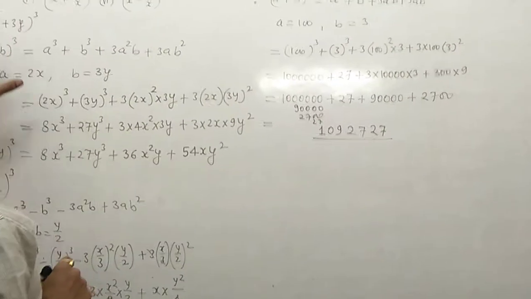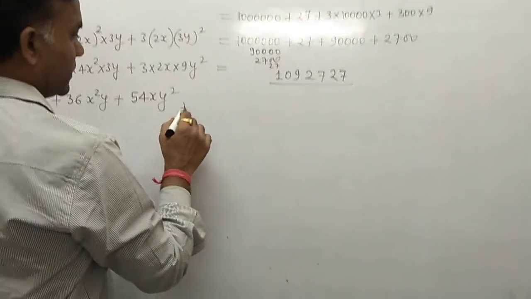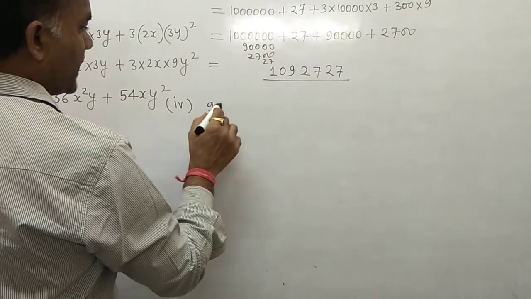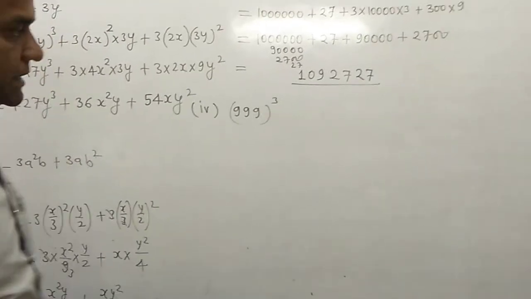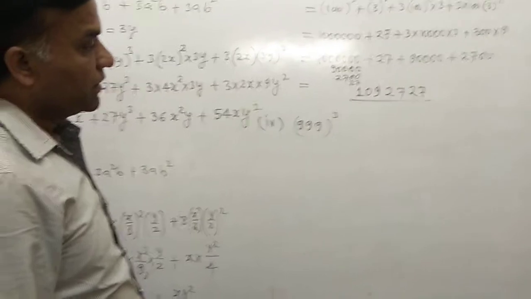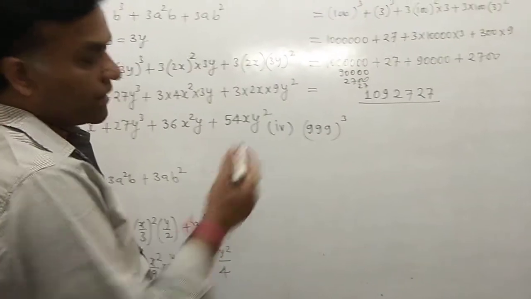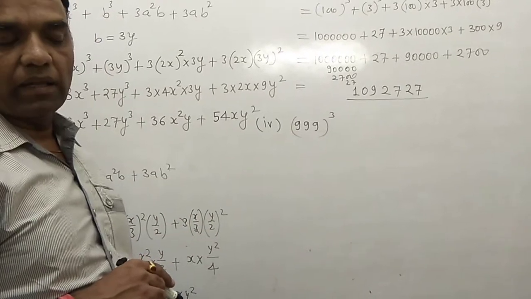Now the next question is 999 whole cube. Again very easy, but here the round figure is not greater: 1000 less by 1 is 999.